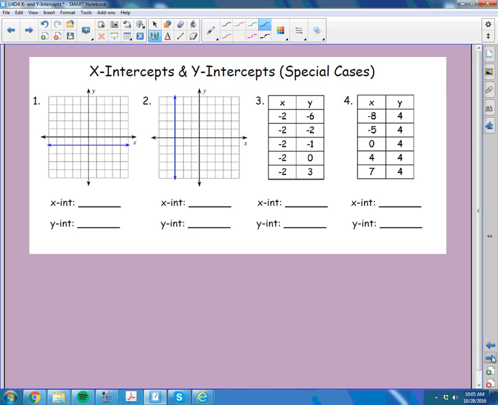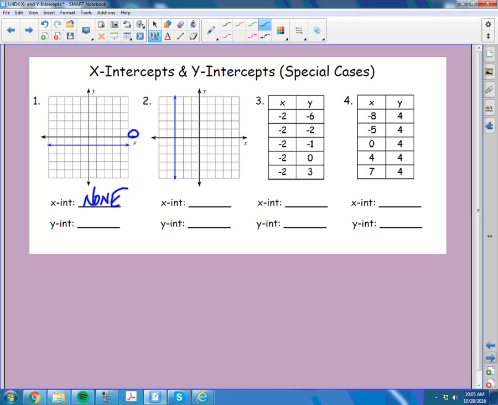On number 1, where does it cross the x-axis? It doesn't. If you look at the x-axis, that line never crosses it. You would write none. Because it does not do it.